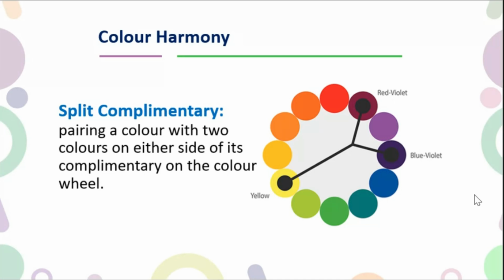So you take the violet, then you look at the right and the left side of that color, then you choose those two colors, and that becomes what? The split complementary. Yellow is complementary to violet, so the red-violet and blue-violet become the split of the complementary colors. So you choose the three colors: yellow, red-violet, and blue-violet, and it also becomes your color palette.